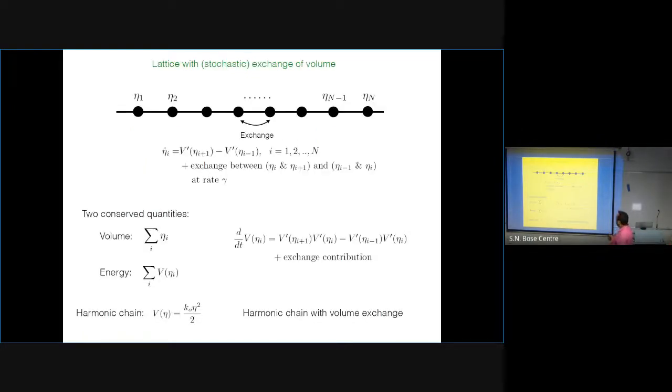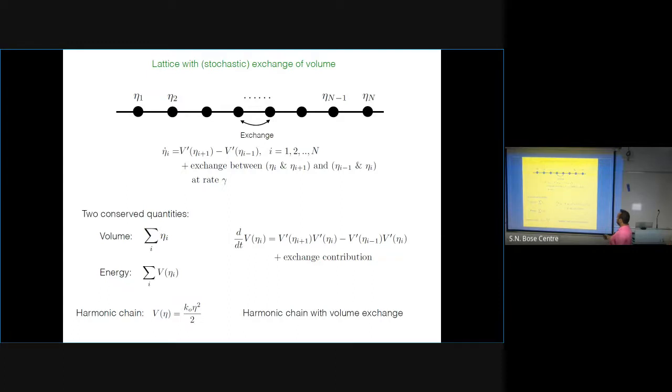Let me explain the model first. You have a lattice, where each lattice site has some variable eta, which we call volume, and the dynamics is this: V is the on-site potential, and I consider a harmonic potential.